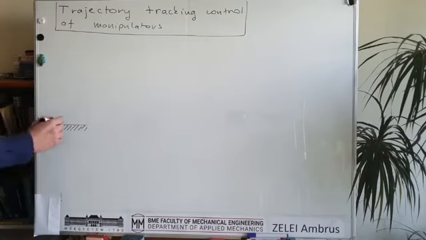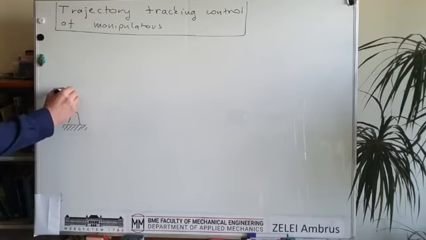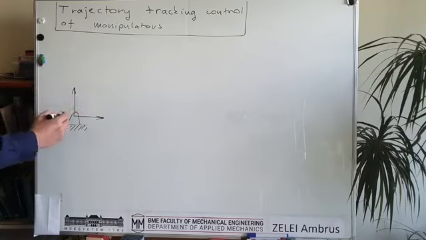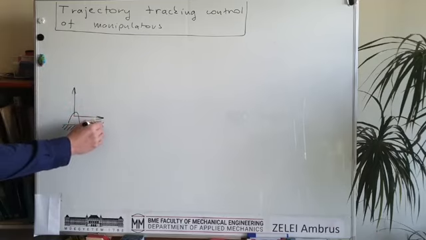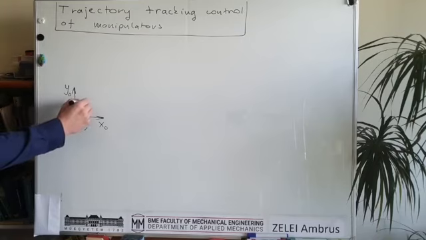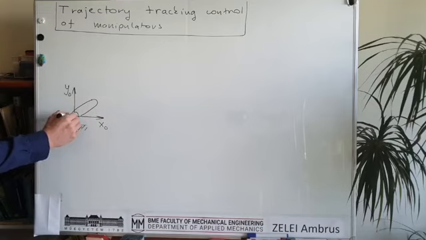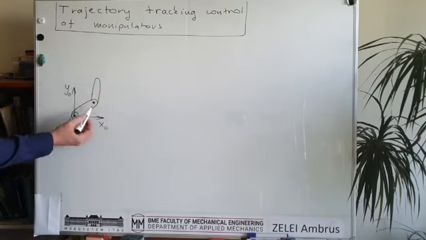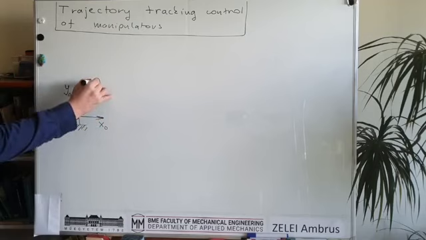As usual, we have some kind of base, and there is a global coordinate system called x0 and y0, and there is a robot made of rigid links connected together by ideal frictionless joints.